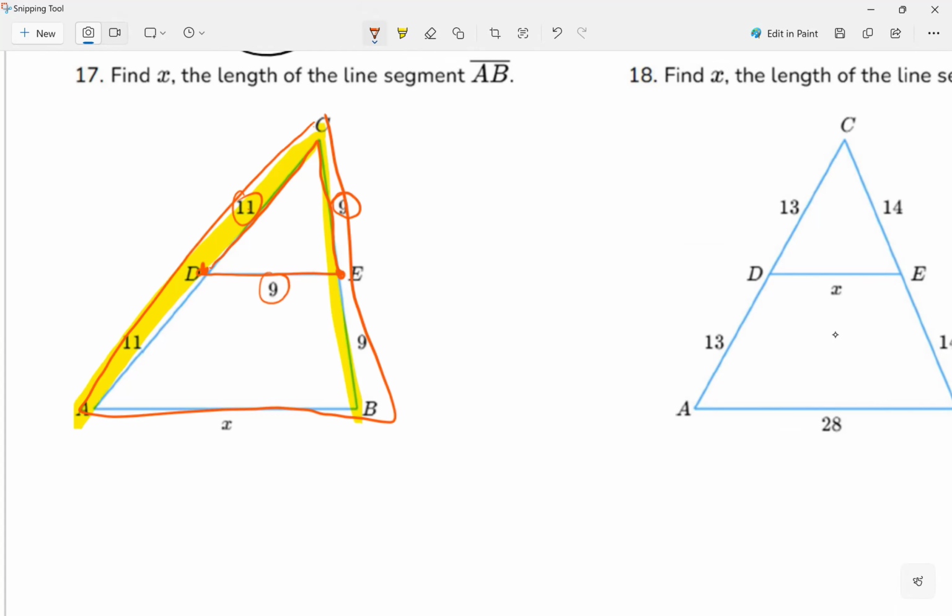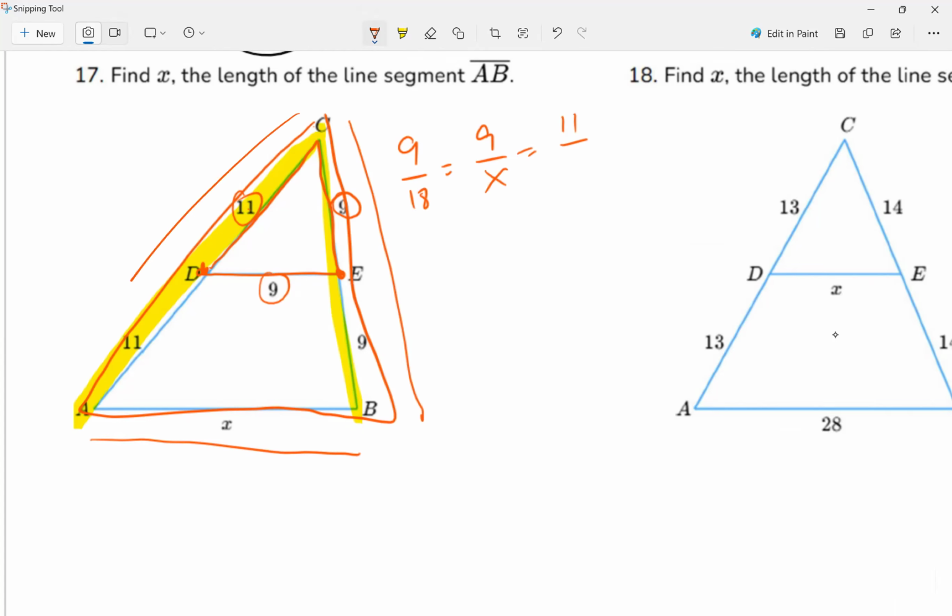Look at the measurements of the small triangle: 9, 9, and 11. Look at the big triangle. This side is 18, this other side right here is X, and this other side is 22.